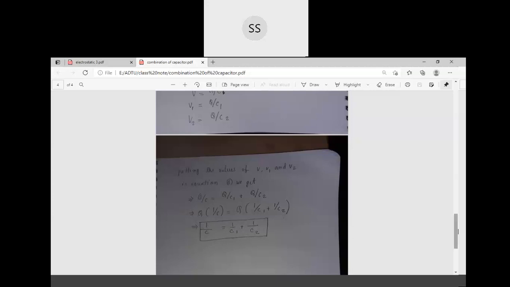That will be the value of equivalent capacitance in case of series combination. This is for series combination.